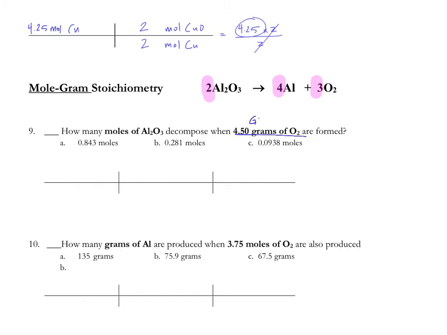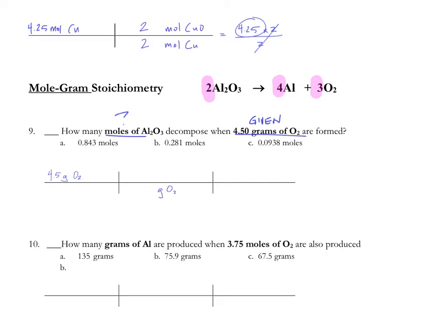So this is my given information, and this is unknown. So I'm going to start with what's given, 4.5 grams of O2. And then I'm going to rewrite my units down here, grams of O2.